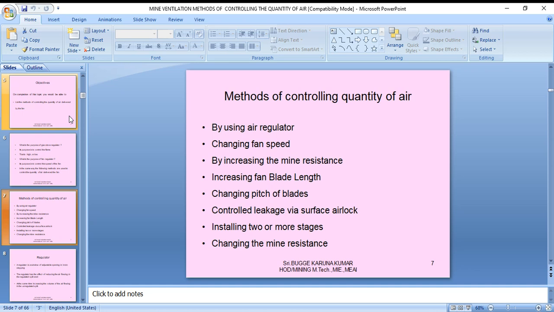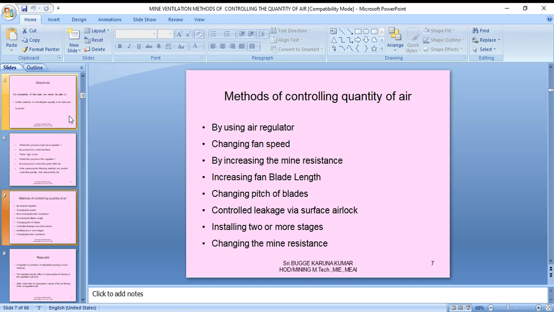For example, if more air is coming, what can you do? This happens in the winter season. Somebody does not require the fan, so they use a towel or something to cover their ears. So stopping means resistance increasing. Increasing the fan blade length is also a useful thing.